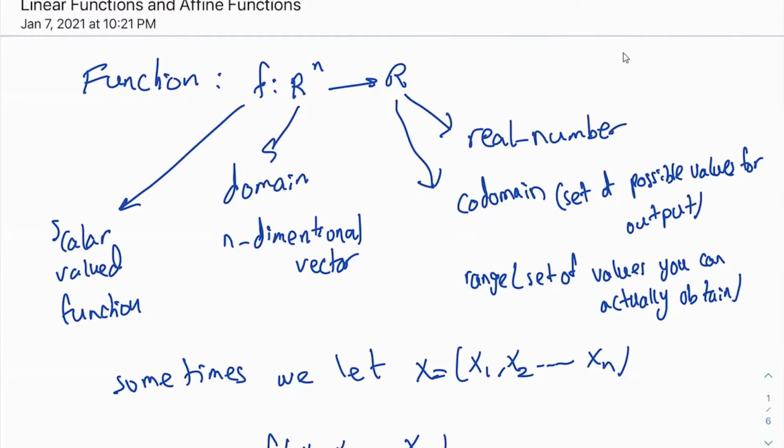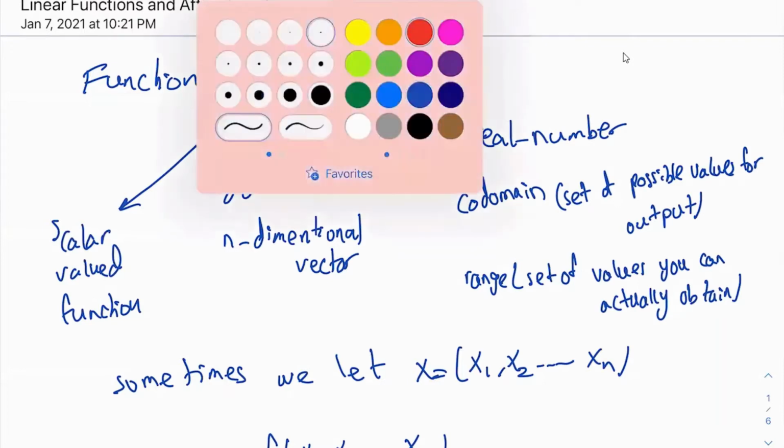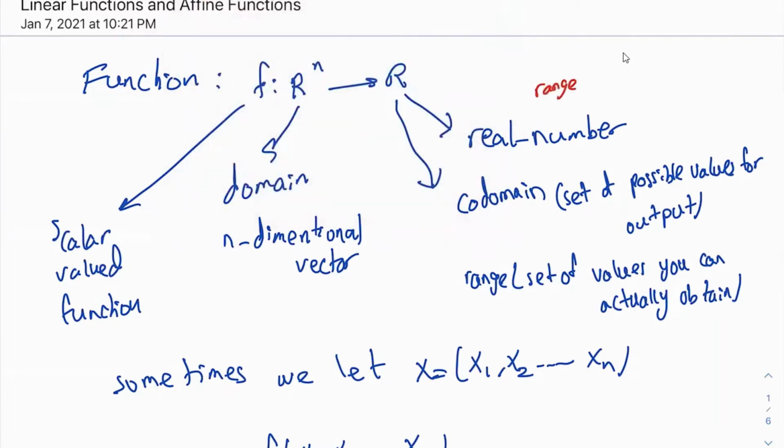The codomain might not be achieved. It's the set of potential or possible values for the output. So in a sense, the range is a subset of the codomain.